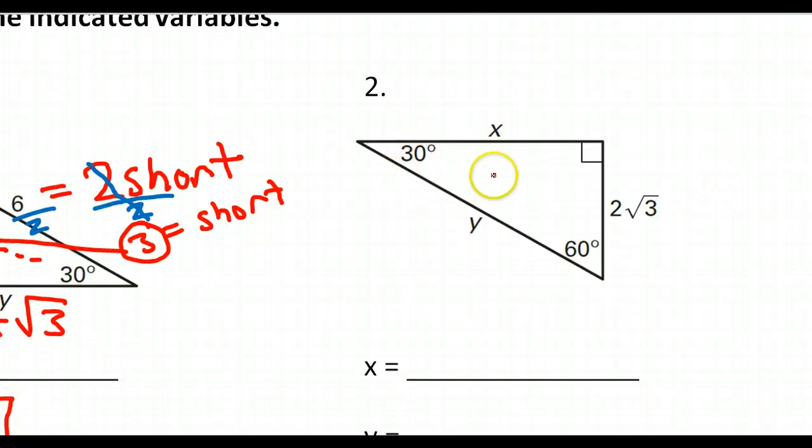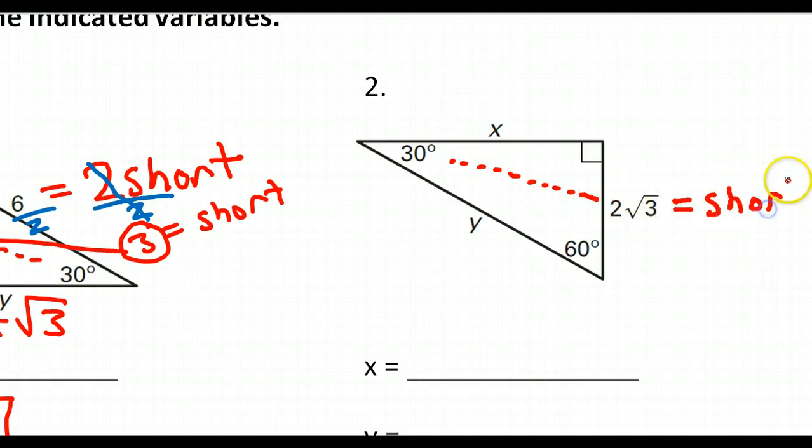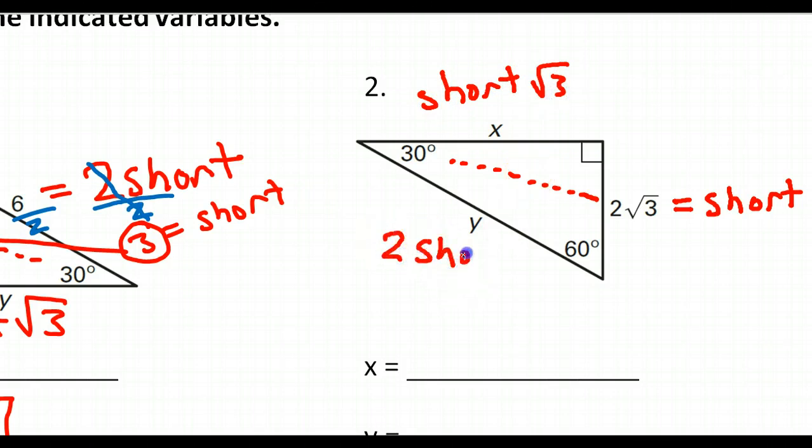First thing you do is identify the short leg. The short leg is across from the 30. So that means this is the short leg. Okay, this being the long leg will be the short leg times radical 3, and this will be 2 times the short leg.